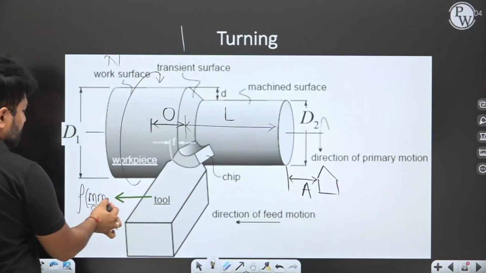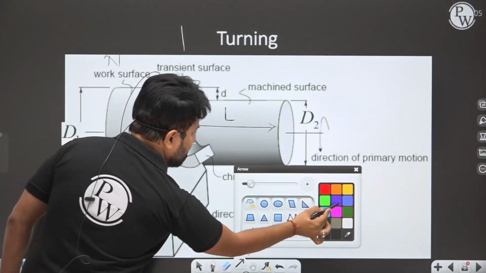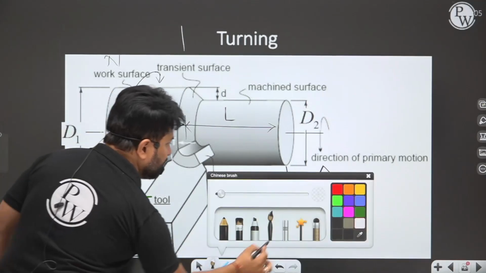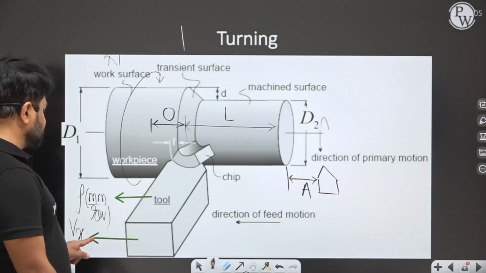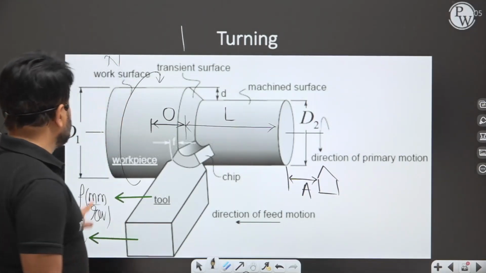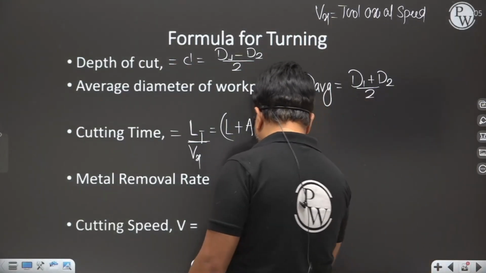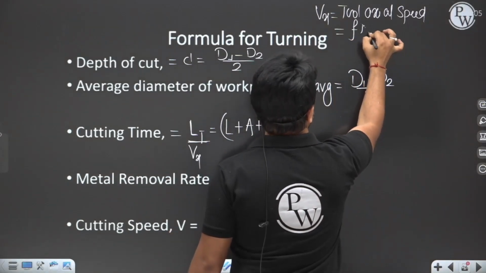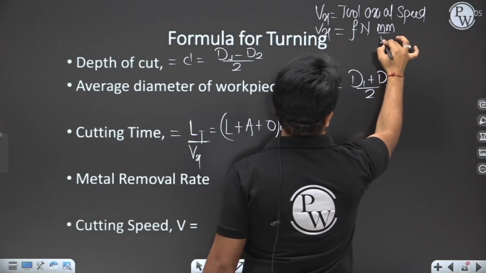This is the tool feed. This is the speed of the tool in mm per minute. We want the axial speed of the tool, that is Vx. And my dear, Vx will come if you multiply F into N, the feed of the tool and the RPM of the workpiece. So Vx is F into N, in mm per minute.